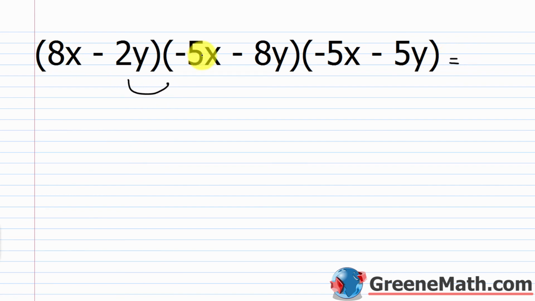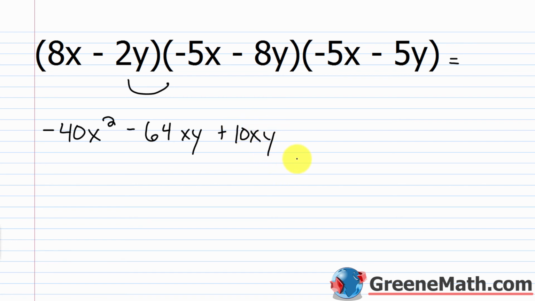So 8x times negative 5x, that would be my first terms, and that would give me negative 40x squared. My outside terms, 8x times negative 8y, would be minus 64xy. My inside terms here, negative 2y times negative 5x, would be plus 10xy.